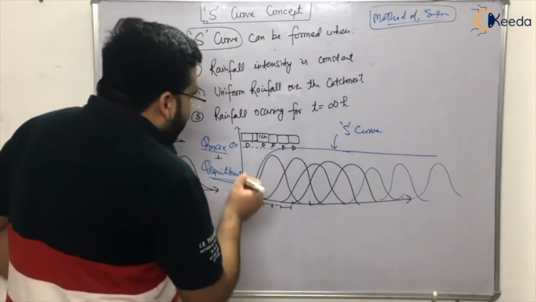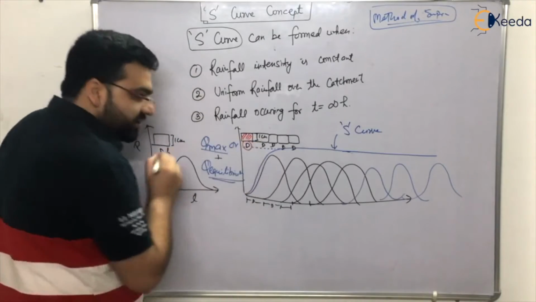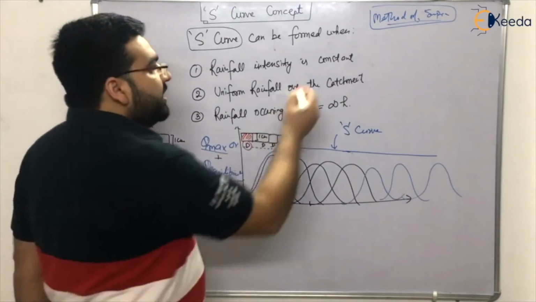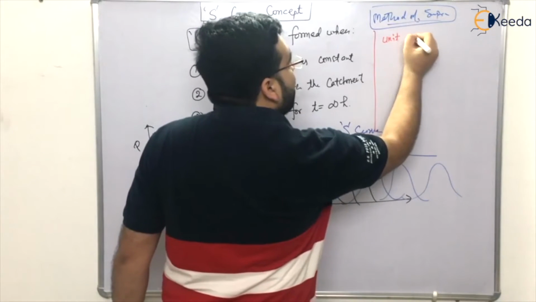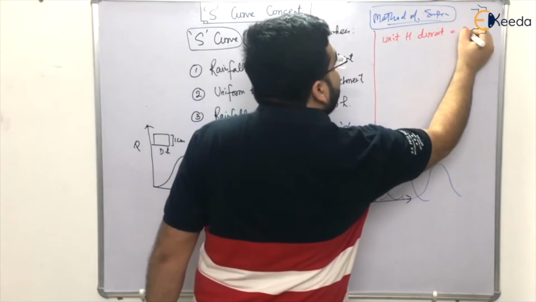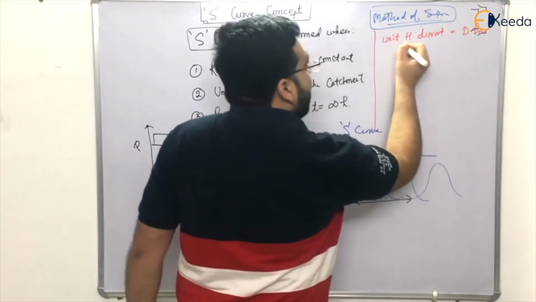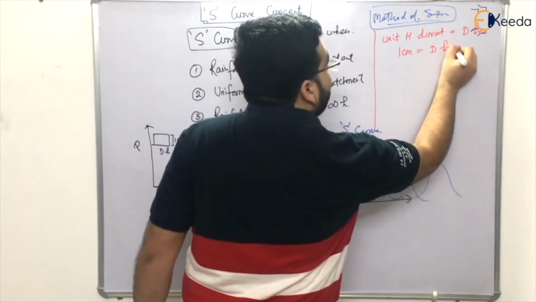So first of all, this unit hydrograph has a duration of D hours. Remember, right? So the unit hydrograph duration is D hours, for how much rainfall? For 1 centimeter, we have D hours of duration.